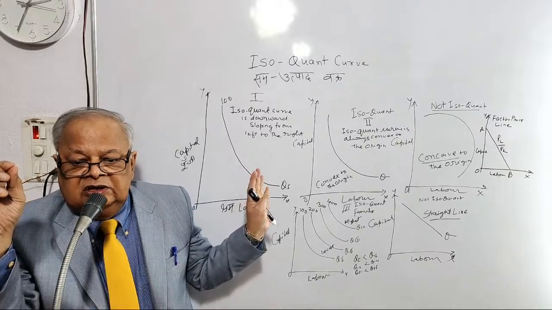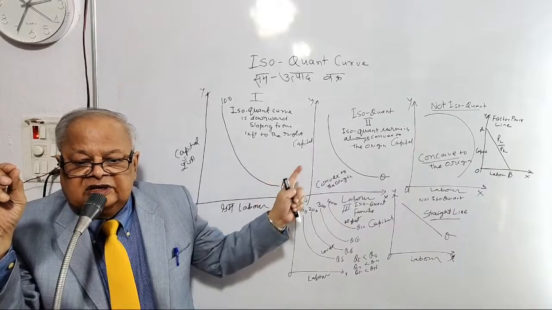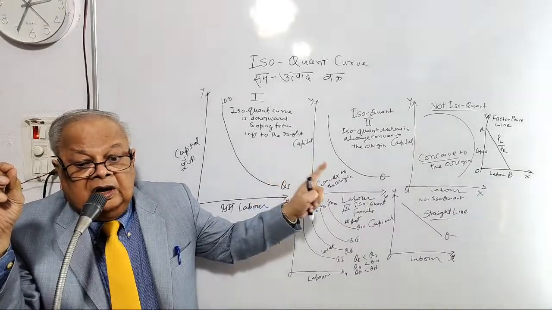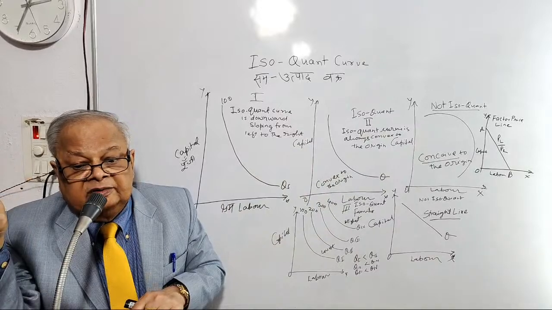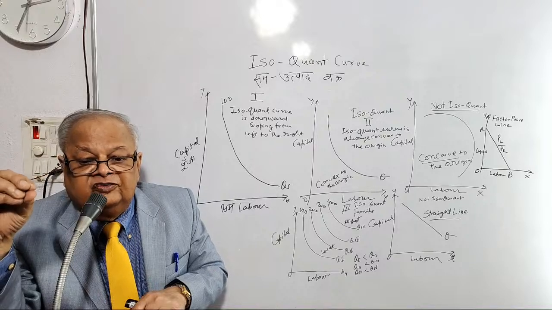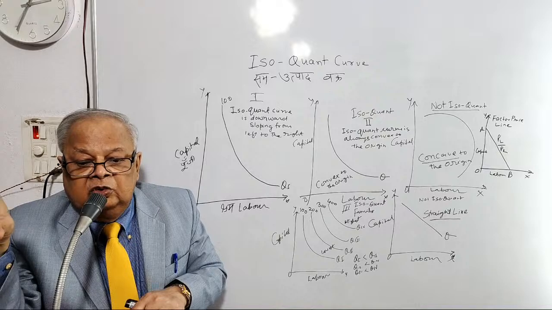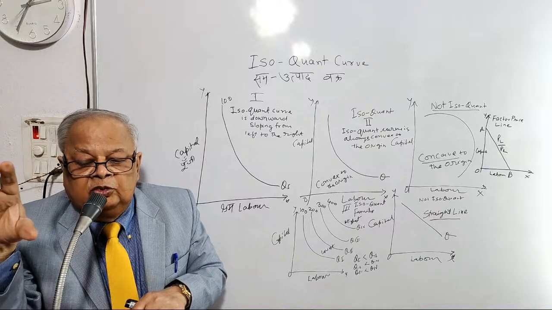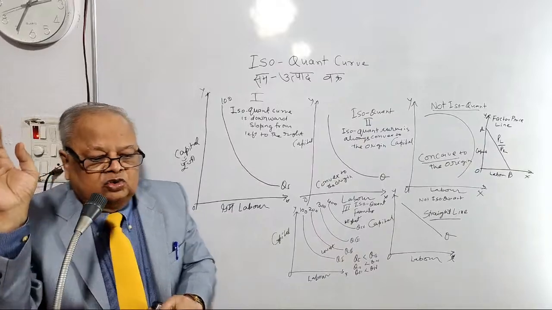The first factor is isoquant and its properties, and the second is the factor price line. If you know these two conditions, you can find out the producer's equilibrium. इसको उतार लीजिए, इसको मिटाएंगे.